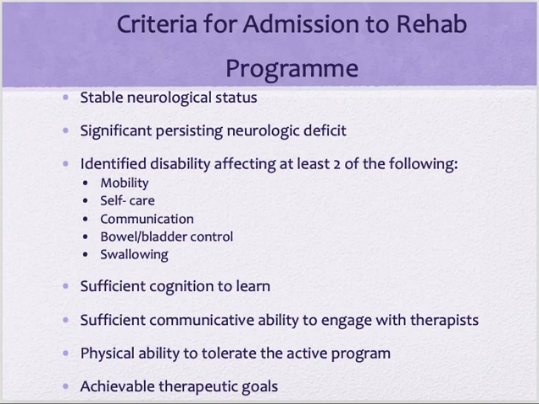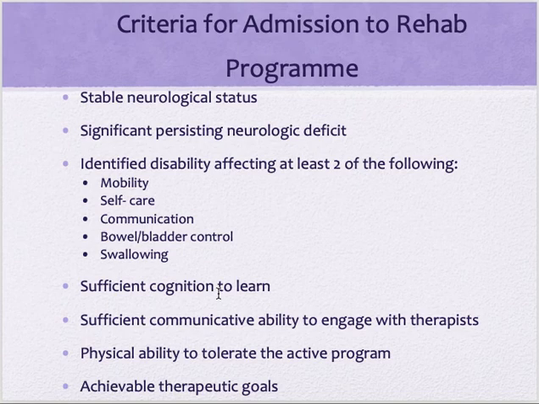If the goals are not achievable, it will be just a waste of time, because whatever therapy or treatment strategies you apply, if the patient doesn't have the ability to tolerate that, or if you don't have any therapeutic goals, or if the patient doesn't have sufficient cognition, all these things will be useless. Whatever you do will not benefit the patient.